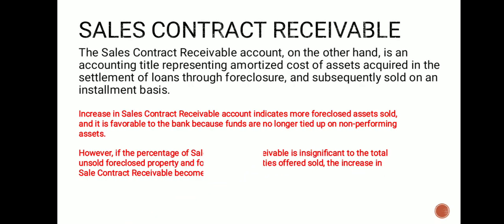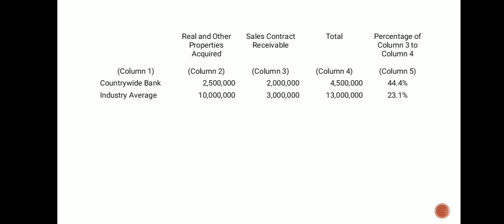So the percentage of foreclosed properties sold of Countrywide Bank is 44.4% against the 23.1% of the industry average. So it appears that the Countrywide Bank was able to transfer 44.4% of its non-performing assets to funds available to borrowers, which is better compared to the industry average of only 23.1%.